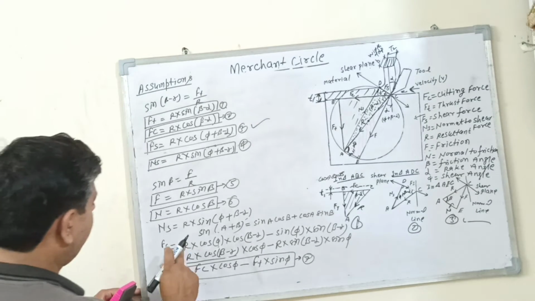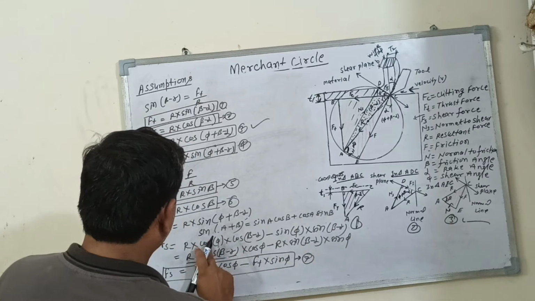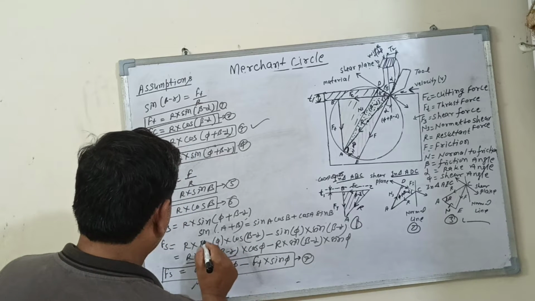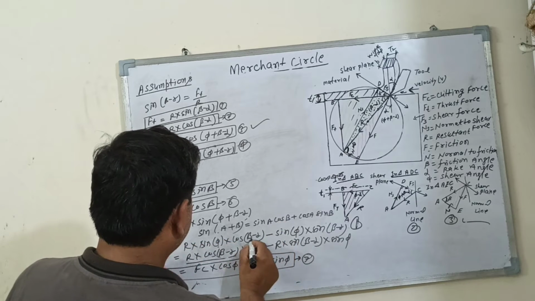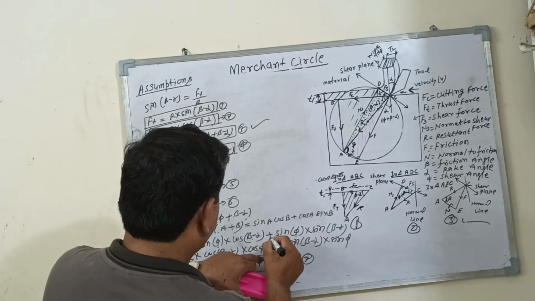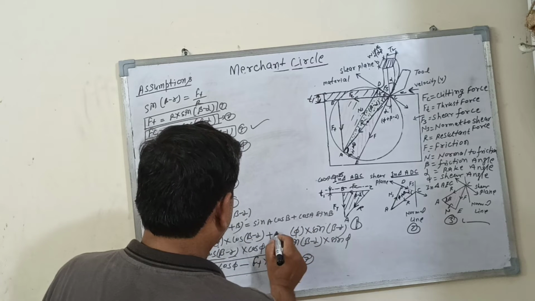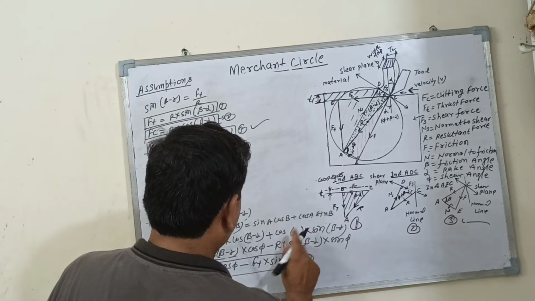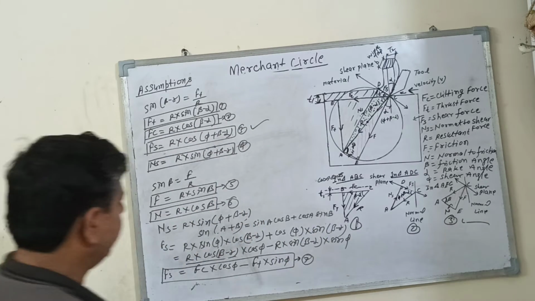Put the value here: R sin b into cos b, here cos a into sin(b − alpha).